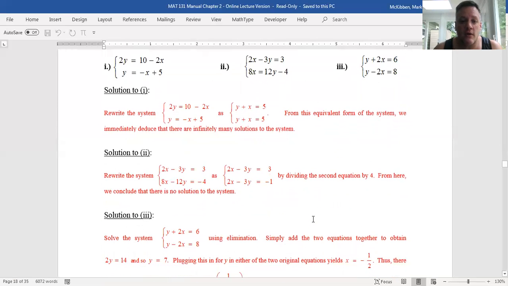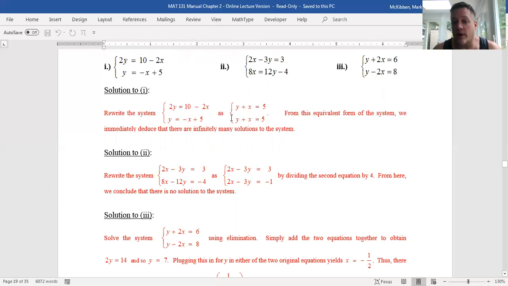All right, so for the first one, what I was thinking before I looked at my solution is that I would have tried substitution, because one of them is already solved for y. If you did that and you plugged it up here, you would have gotten 10 minus 2x on the left and 10 minus 2x on the right, which is always true no matter what x you give me, right?